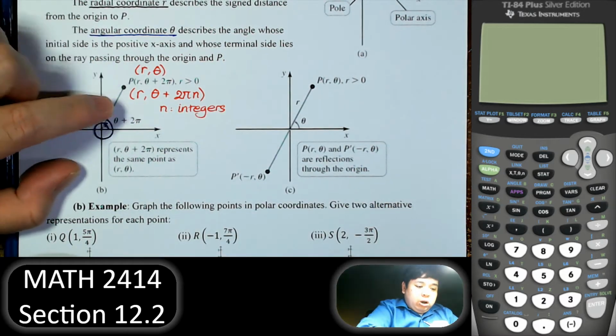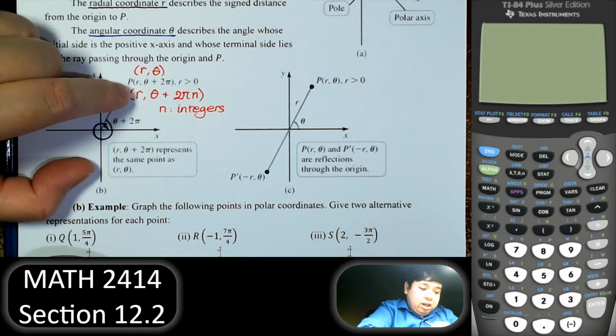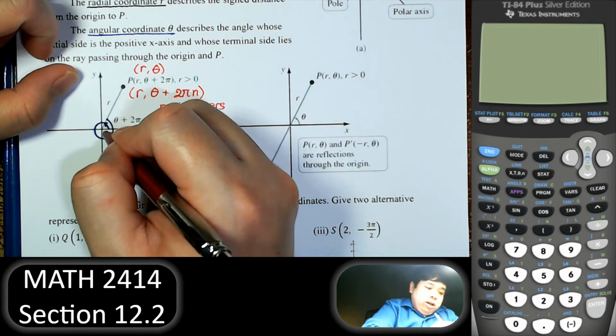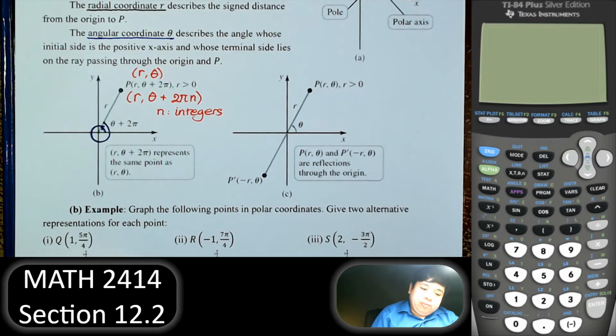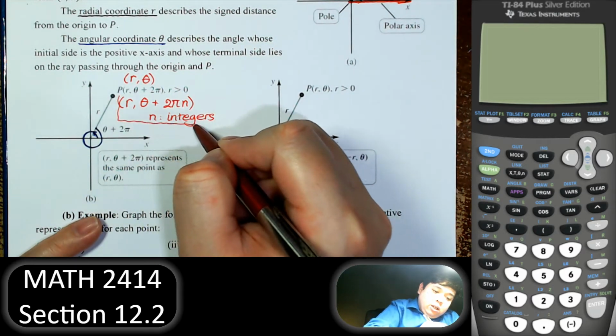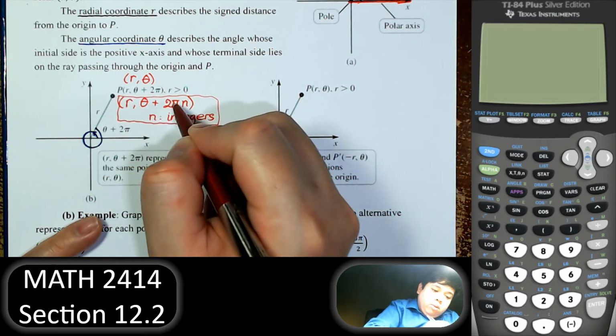So this set of points represents the same point as r and theta, because we go around and have the same terminal ray. Right. So that is one way to do it, going to coterminal angles.